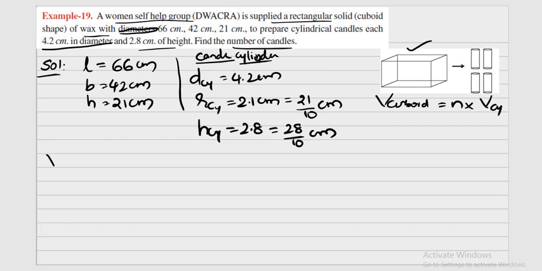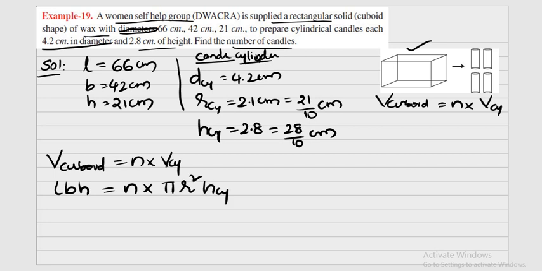So clearly from the figure, volume of cuboid is equal to n into volume of cylinder, right? So what is volume of cuboid here? Volume of cuboid is nothing but l b h is equal to n into pi r square h of the cylinder.